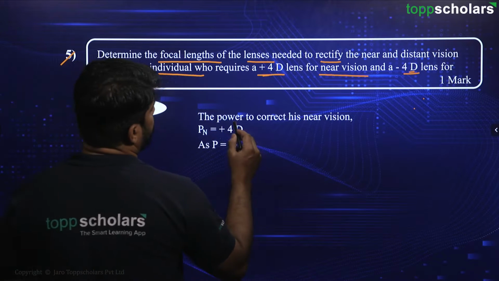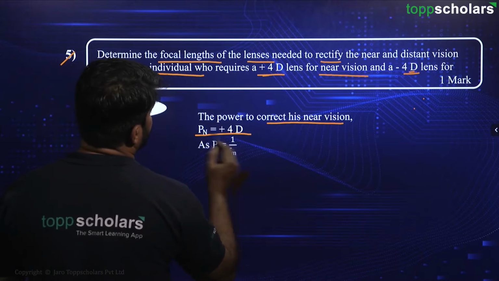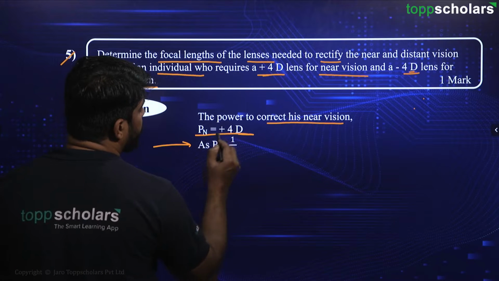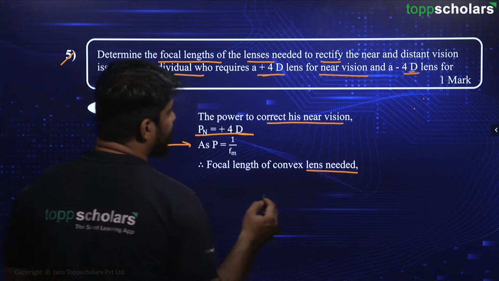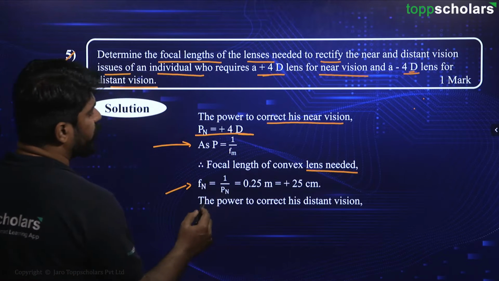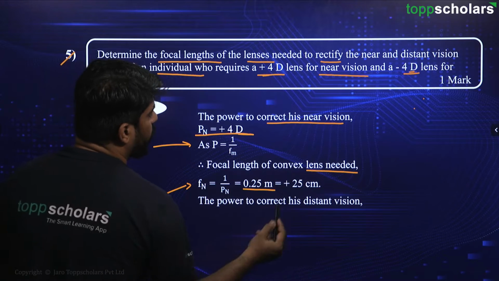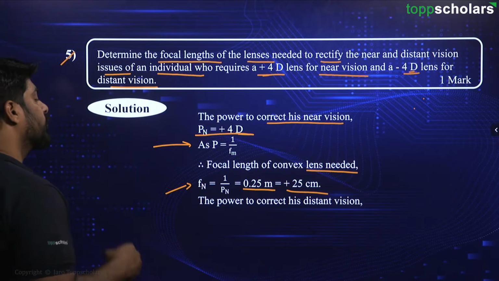First of all, the power to correct his near vision is +4 diopter, and as we know, power is 1 upon focal length. So the focal length of the convex lens needed here is 1 upon P. P is 4, so 1 upon 4 is 0.25 meters, and that means it's a +25 centimeter focal length.